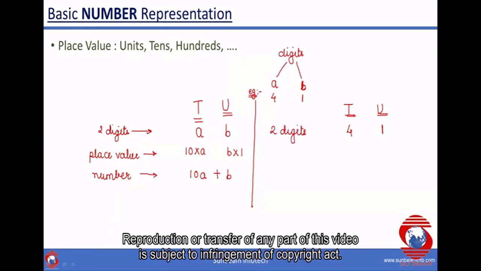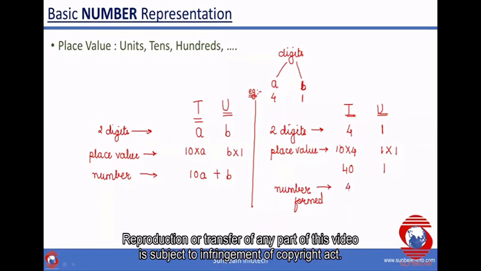Now students, what is their place value? You tell me the place value of these. So what will I do to 4? I will multiply it by 10, 10 into 4. And here I'll multiply by 1. So can I say the place value here of this digit is 40 and here it is 1? Do you all agree? Now students, what is the number formed? If I ask you this, what will you do?